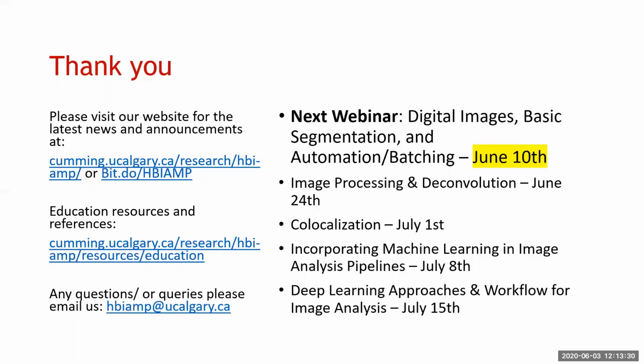All right, so next week, like Kelvin said, we're aiming for June 10th, and in this webinar we'll try to walk you through a few examples with ImageJ or Fiji. So if you do want to walk with us, make sure you have Fiji installed.